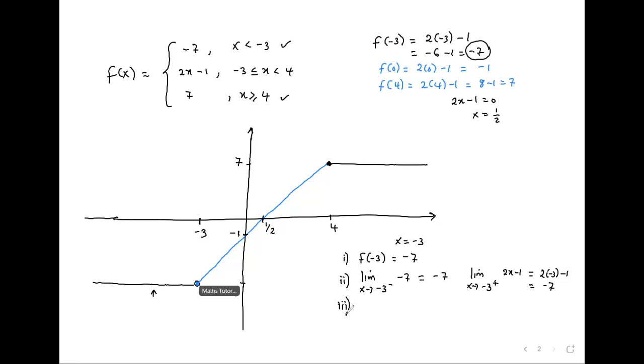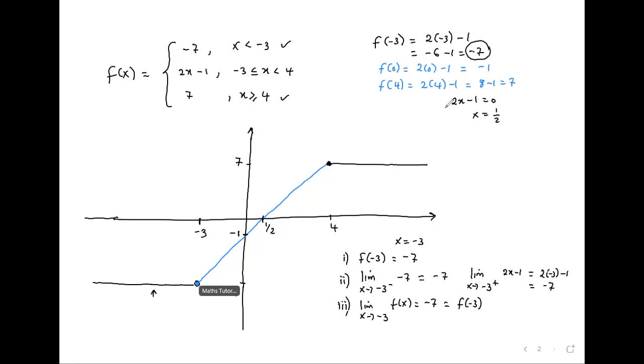Okay, so the last step, we are just checking if, because the limits are the same from either side, we are saying the limit as x goes to -3 of f of x is -7. But just when you check in the first step, we also get -7.